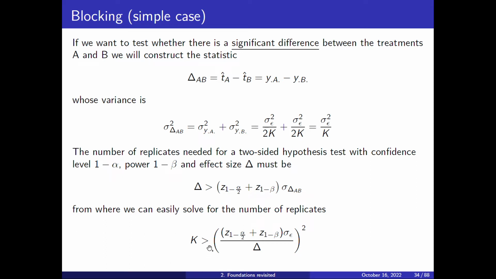But here the main message is: given what I want to compare, I can compute how many replicates I need in each one of the cells to be able to detect this effect size delta, to be able to detect changes of a given size with a given confidence level and statistical power, that are probabilities related to the probabilities of making false positives and false negatives.